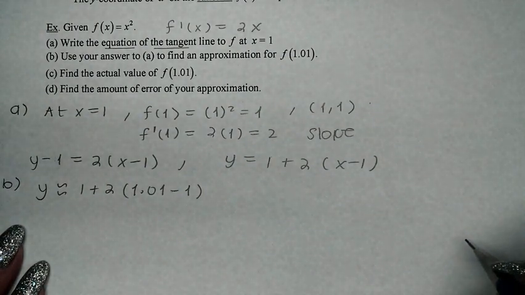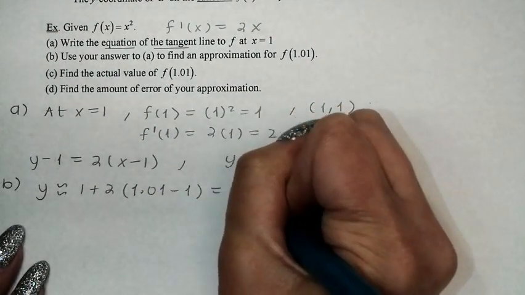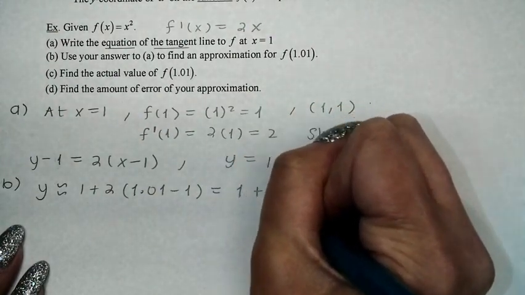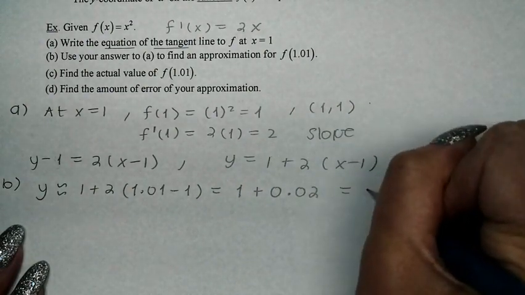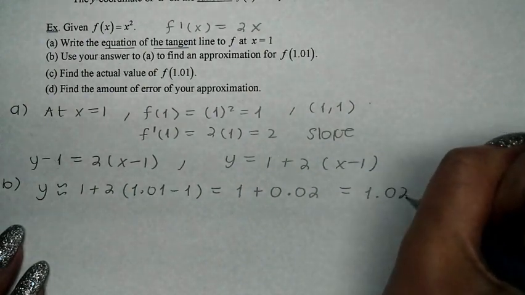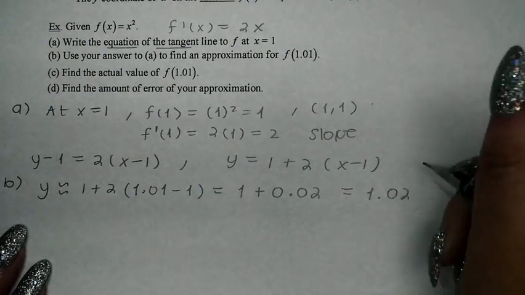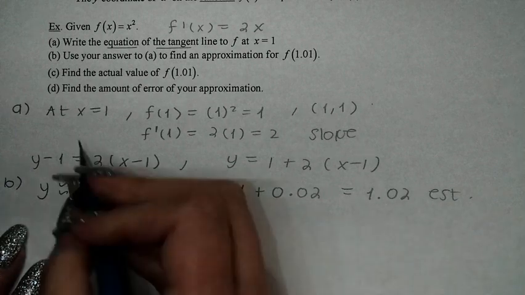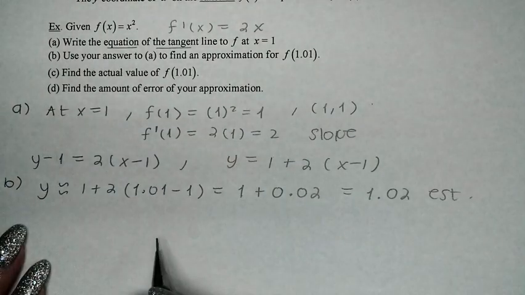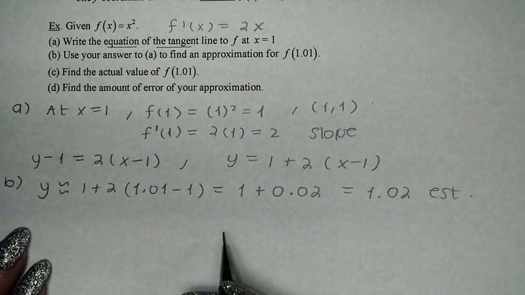What we have is that this is going to be equal to 1 plus 0.02, meaning this is going to be equal to 1.02, and this is an approximation or estimation. So that's your estimation for f of 1.01.